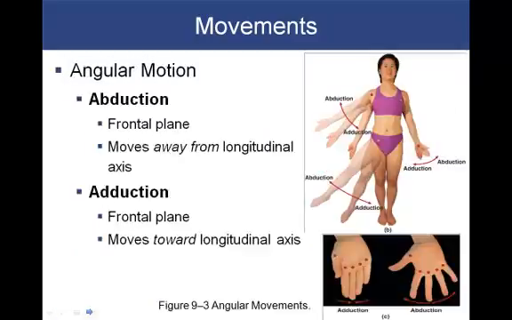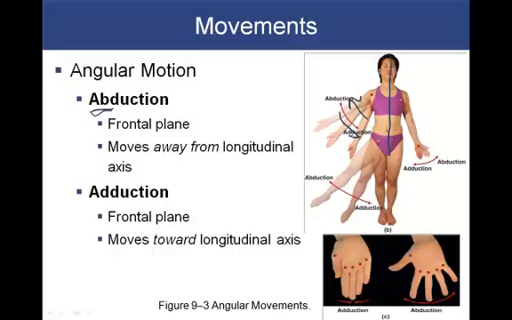Abduction and adduction. Abduction, AB, moves away from the longitudinal axis. So here's our longitudinal axis of the body, and as the arm is abducted, it's moving away from the longitudinal axis. Adduction is the opposite.